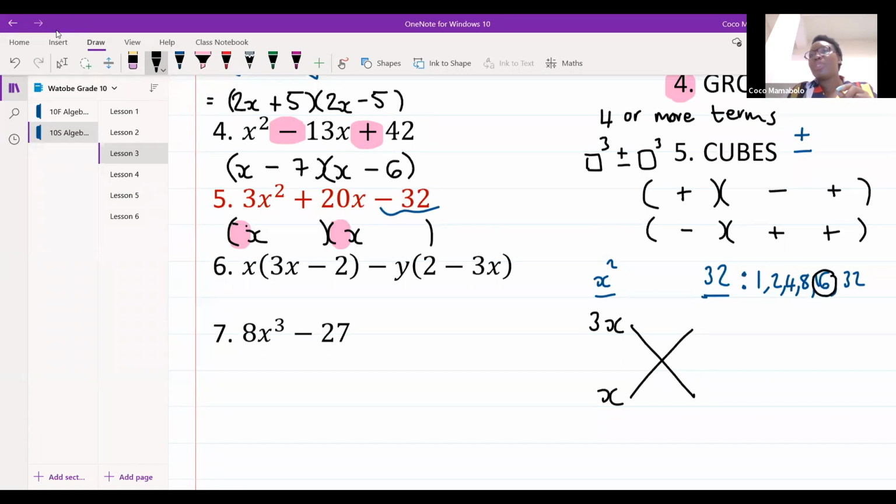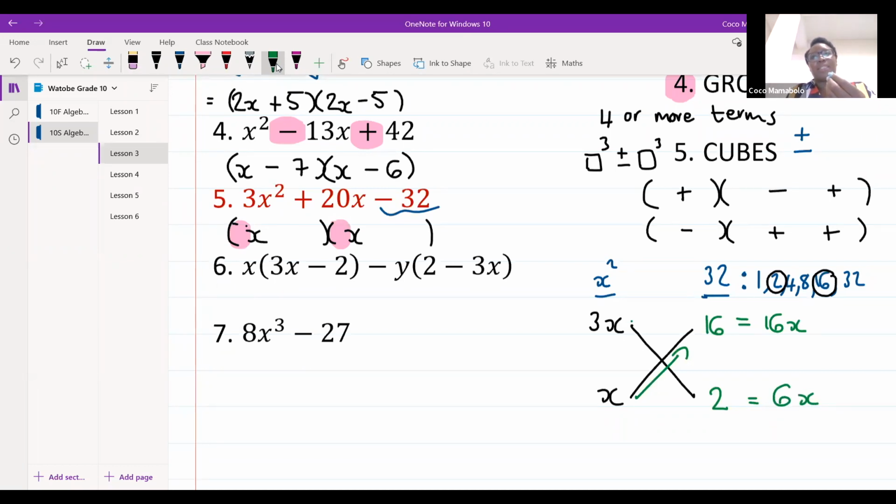So I can only use 16 and 2 because 16 times 2 will give me 32. So now Piwe says 2 and 16, let's see if it will work. I'm going to put 2 here and I'm going to put 16 here. Now 16 times x, or x times 16 is going to give me 16x. 3 times 2 is going to give me 6x.